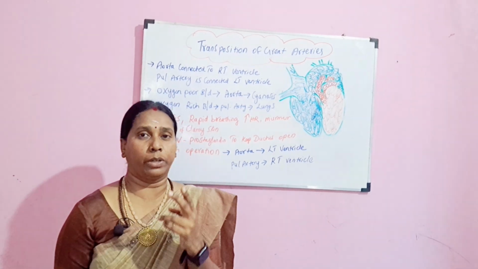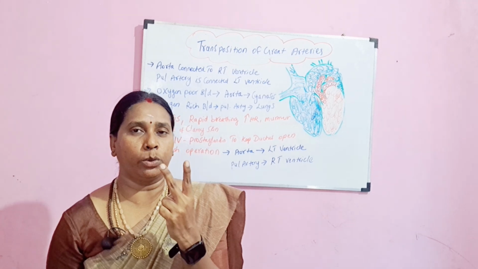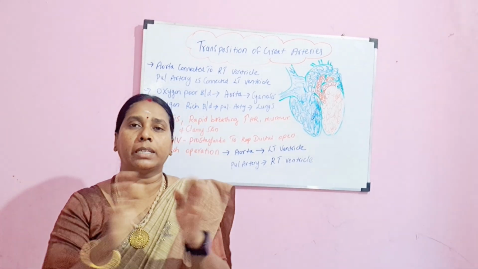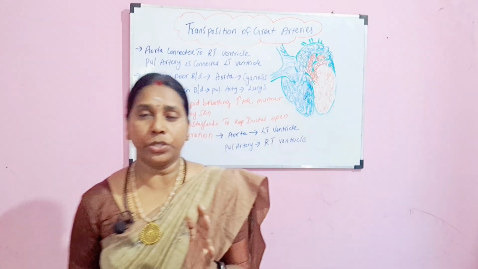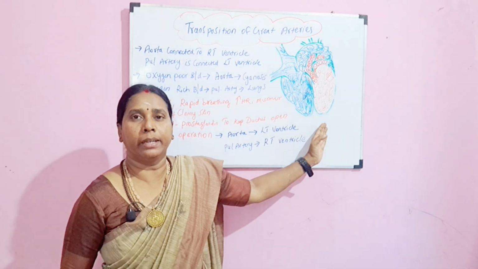You have to remember two great arteries, that is your pulmonary artery and the aorta. These two arteries are going to have a transposition, that is, mismatching of the position is taking place. The normal position of your aorta is from the left ventricle.